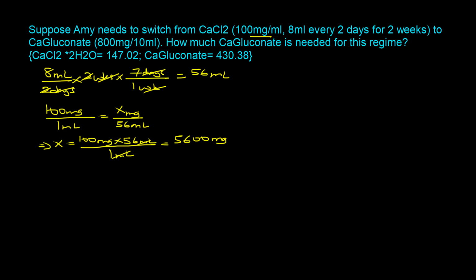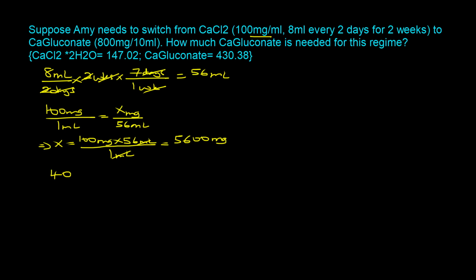Now this 5600 milligrams is actually the amount of calcium chloride that Amy would receive. But what we need is the amount of elemental calcium. So the calcium chloride is made up of calcium and then chloride. And so the way that will work is we can set up a quick proportion and say that the molecular weight of calcium is 40 and the molecular weight of calcium chloride is 147.